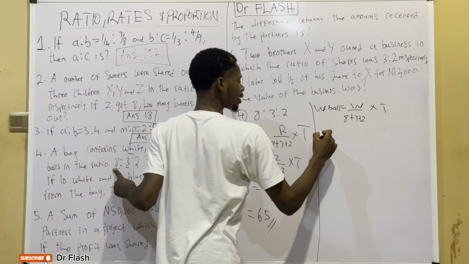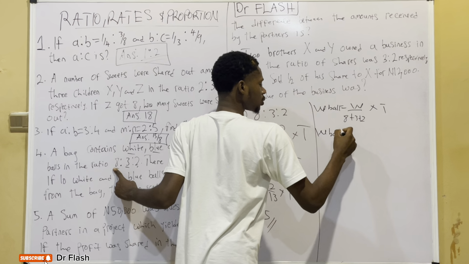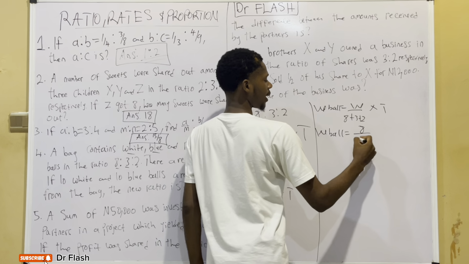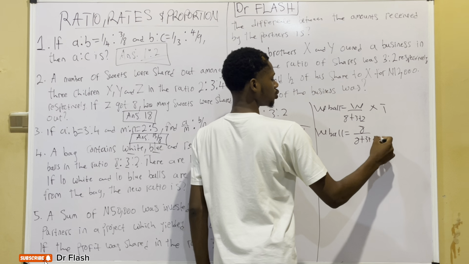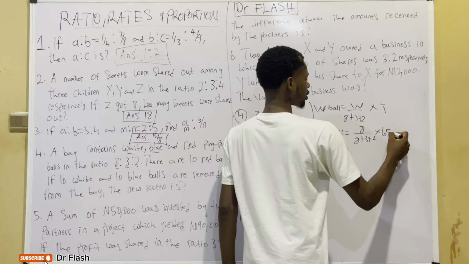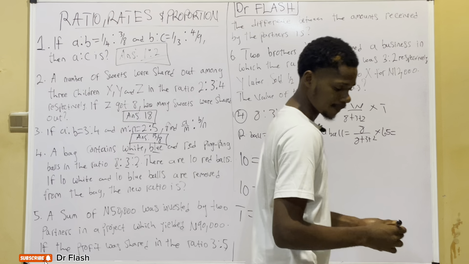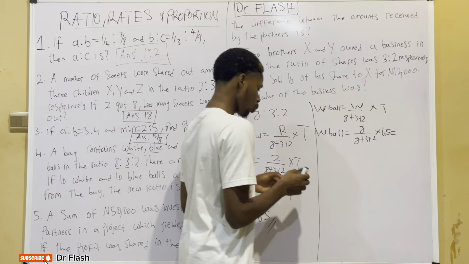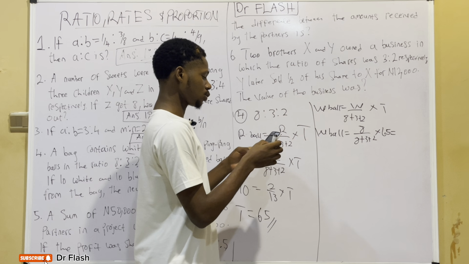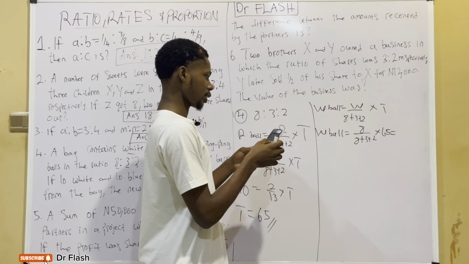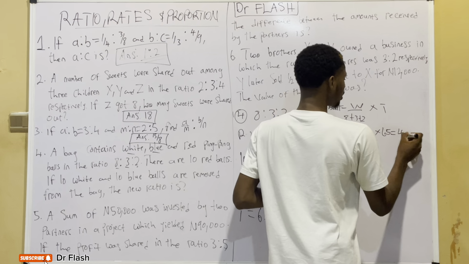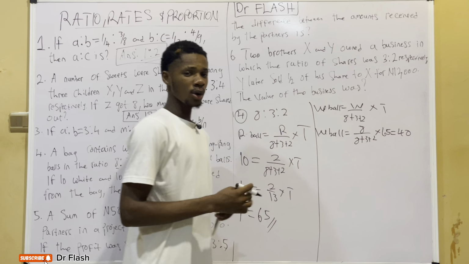White comes first as the ratio, so we have 8 divided by 8 plus 3 plus 2 times the total number of balls we already found, which is 65. When you do the maths here, that's going to give you 40, which means there are 40 white balls in the bag.